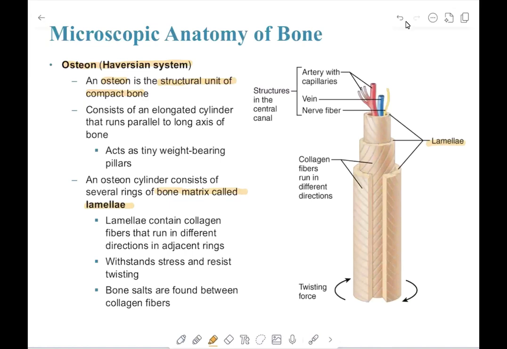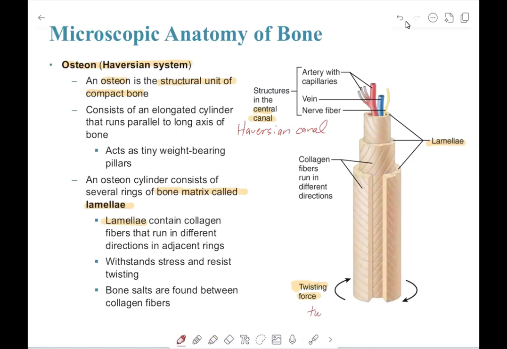The osteon has a central canal in the very middle of it, which is also called a haversian canal. And the lamellae contain these collagen fibers that run in different directions. And what this does is it creates the ability to withstand twisting forces.